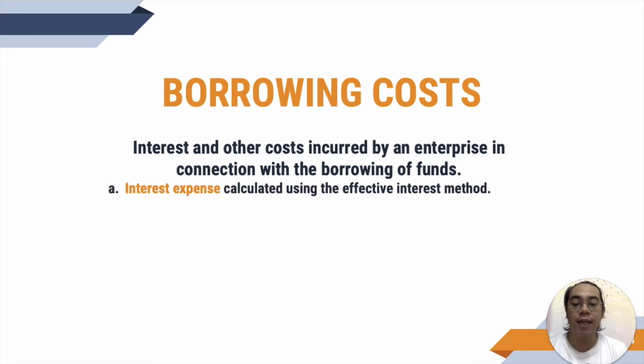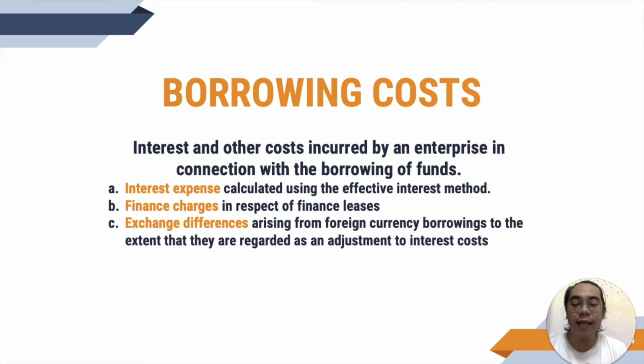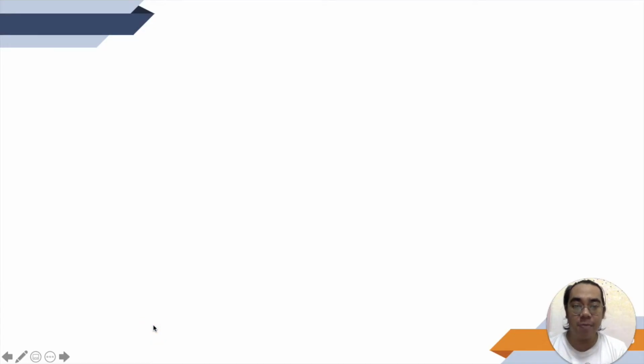A. Interest expense calculated using the effective interest method. B. Finance charges in respect of finance leases. C. Exchange differences arising from foreign currency borrowings to the extent that they are recorded as an adjustment to interest cost. So those three are included in borrowing cost. But normally, interest expense is the most common.